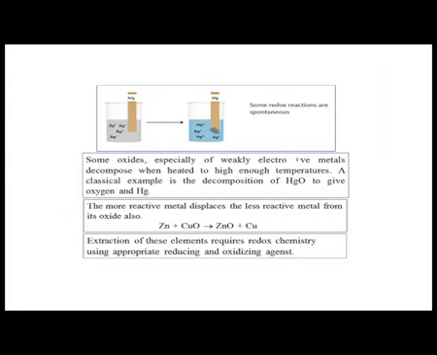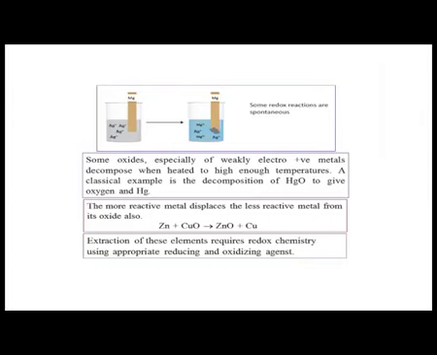So, this is a different aspect of what we are thinking, that now we have some oxide, and if we heat that oxide at high temperature, what will happen? Because here we are seeing that the metal is getting degraded by the formation of ions, by the formation of hydroxides or formation of the oxides.